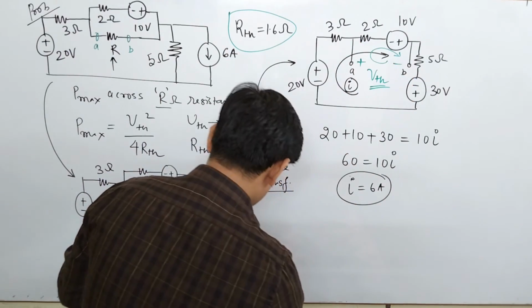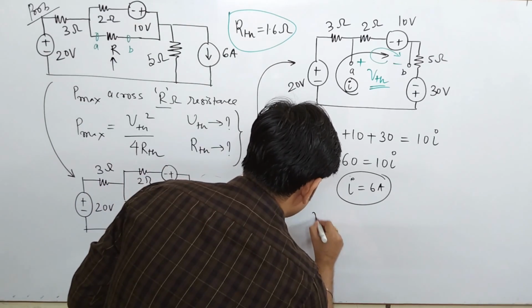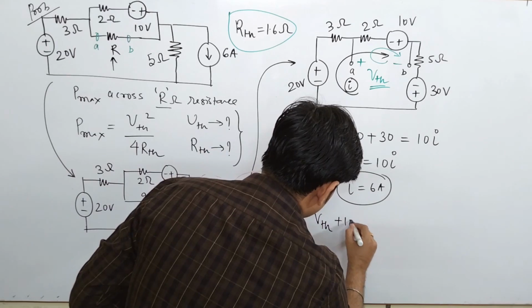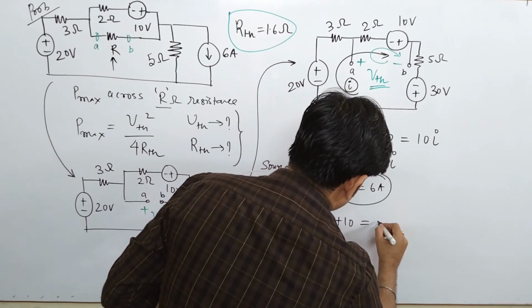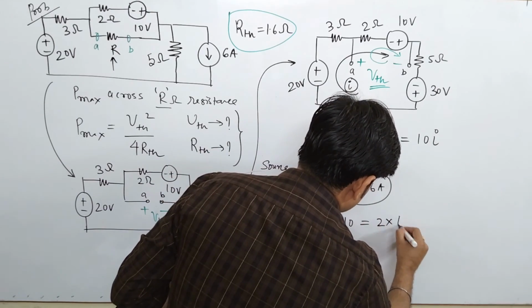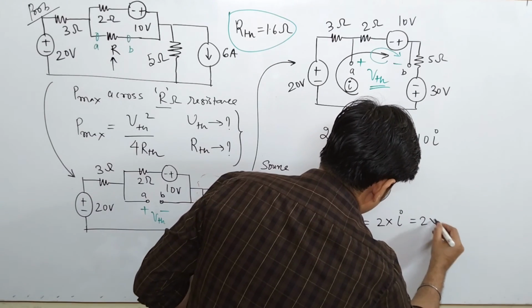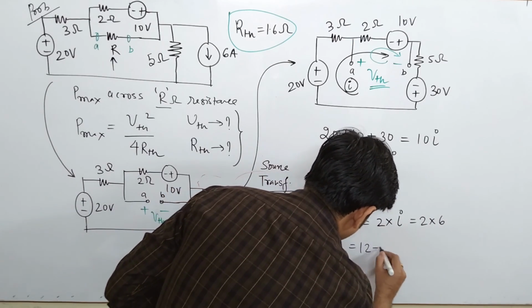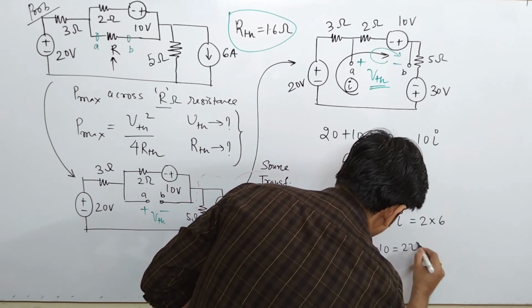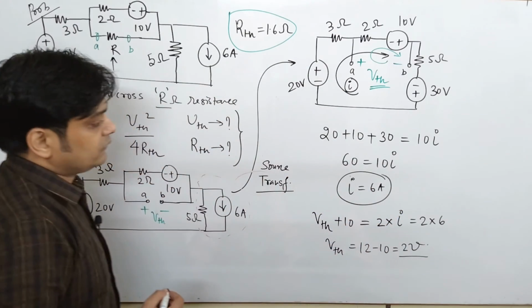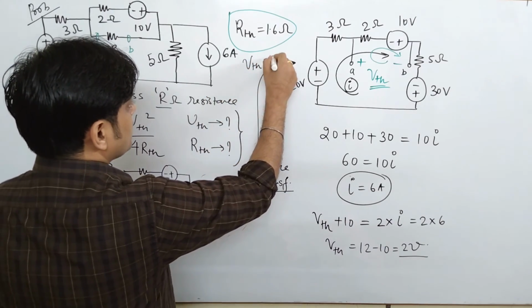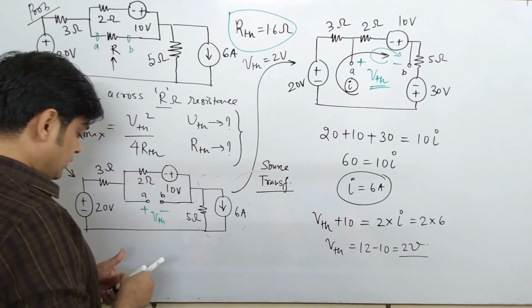Minus 2 plus VTH, again minus 2 plus 10, is equal to 2 into the current flowing, which is I. So that comes to be 2 into 6. So you can say that the value of VTH comes to be 12 minus 10, that is 2 volt. So now you find the value of VTH is 2 volt.